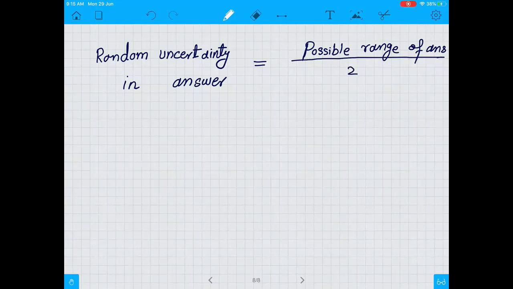So it is half of the range of the answer.